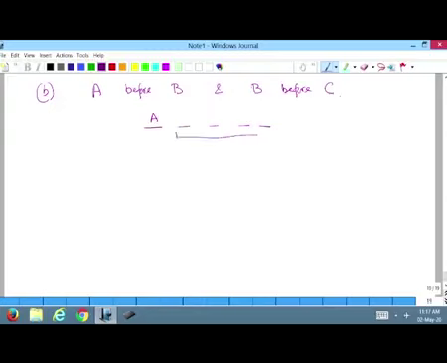Now, B and C have to be arranged in such a way that B is before C. So, if B is in second position, then there are 6 possible ways of arranging them.